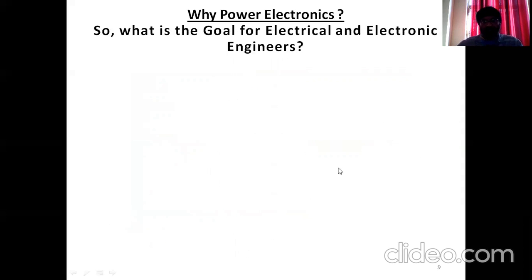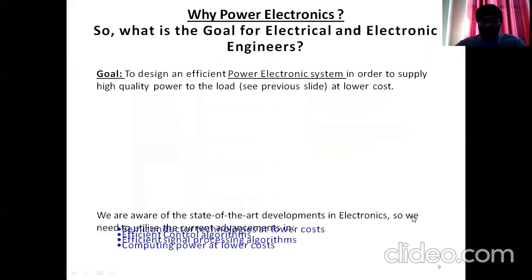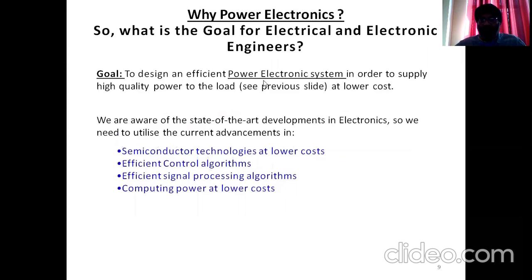So now we have seen that, based on the current dependencies and current issues, power electronics can play an important role in overcoming these issues. So now, what is the goal of power electronics? To design an efficient power electronic system in order to supply high quality power. High quality power means that it must have a high efficiency system, so power losses should be minimized.